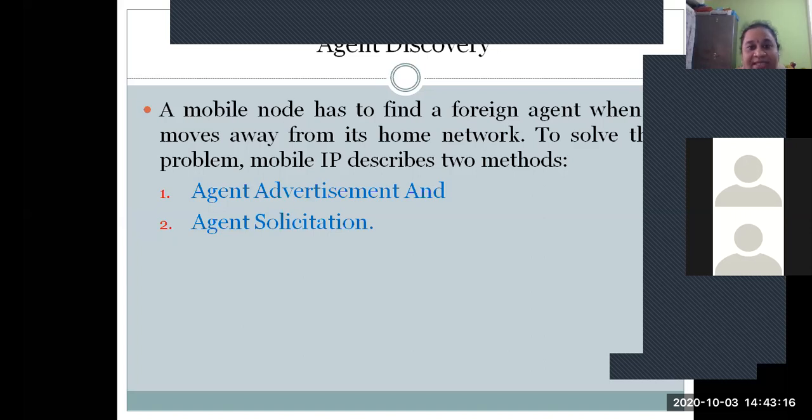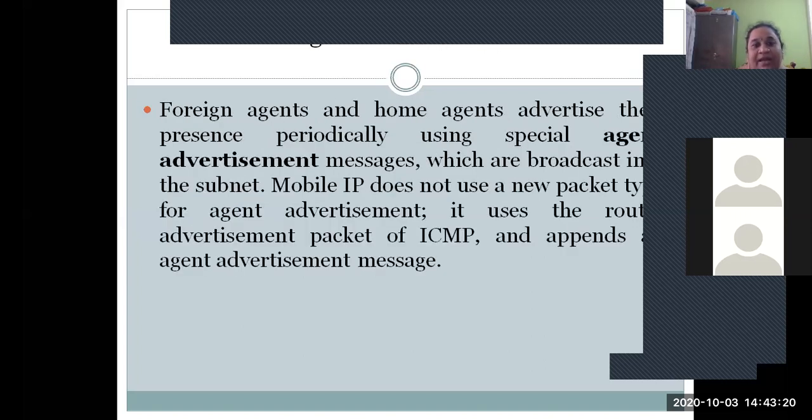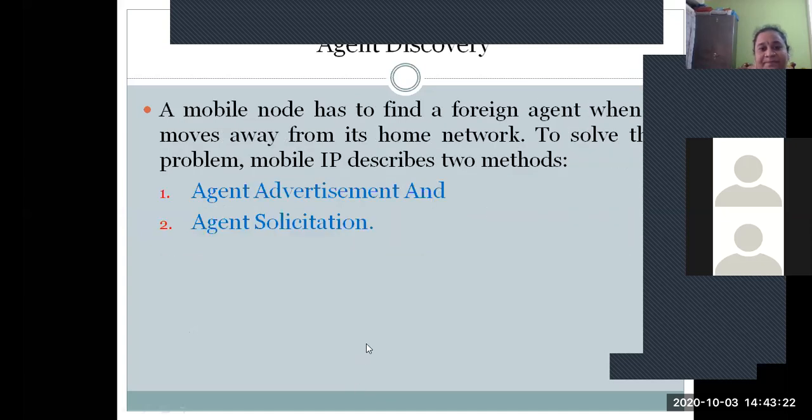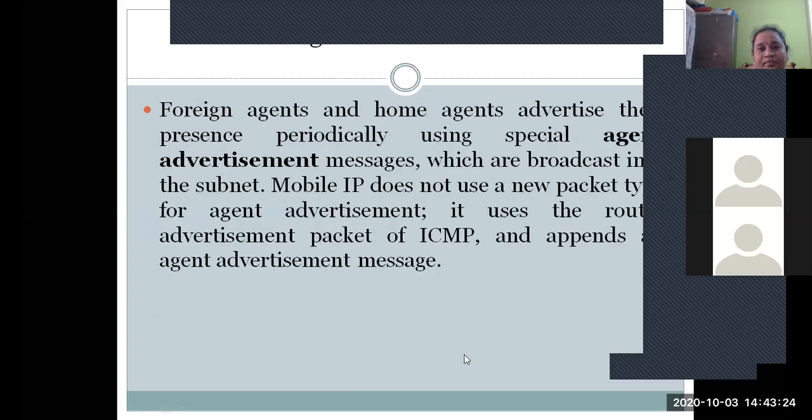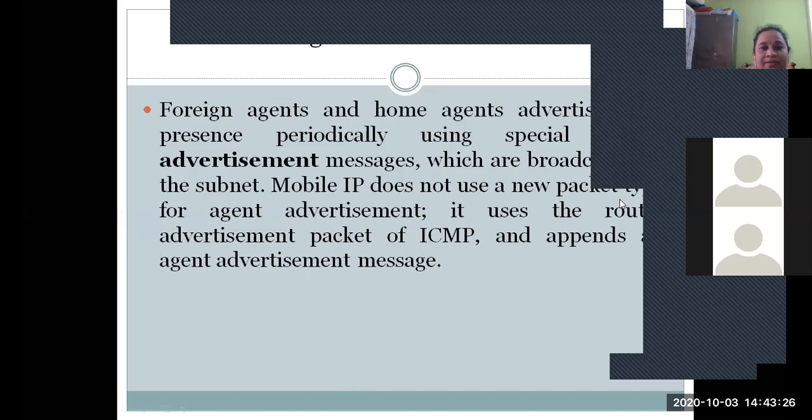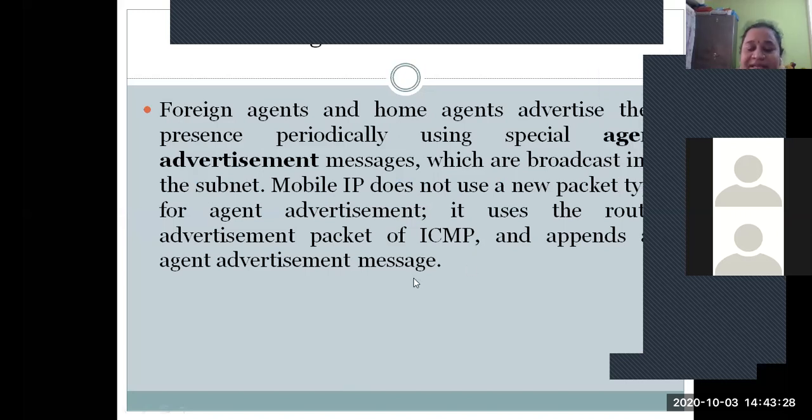Okay, what are these agent advertisement and agent solicitation? We'll see. Agent advertisement, right? Every time, not only for a particular case, we have been talking about the mobile host moving from home network to the foreign network, right?